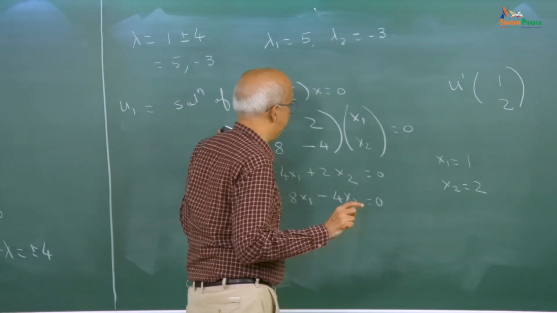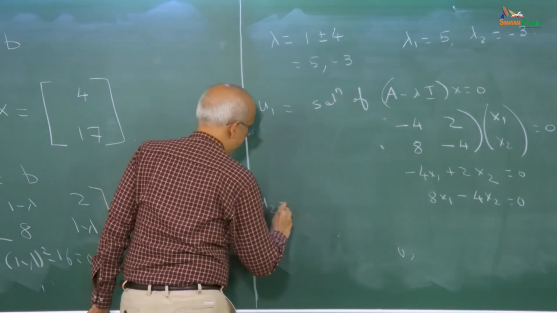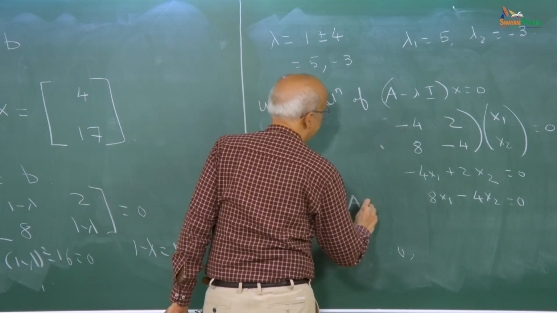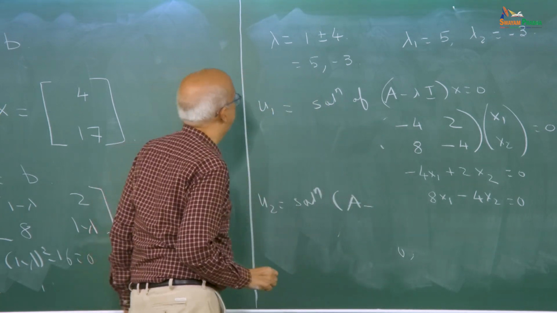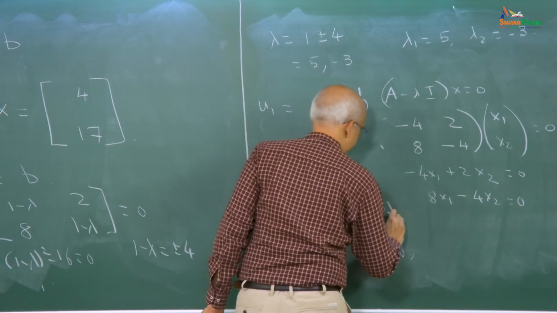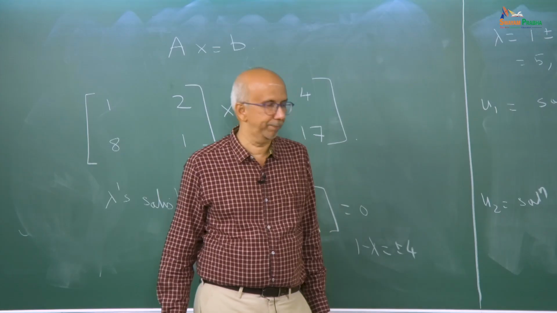Clear? Now, what about u2? u2 is the solution of (A minus lambda I) x equal to 0, where lambda is minus 3, so A plus 3I, x equal to 0.